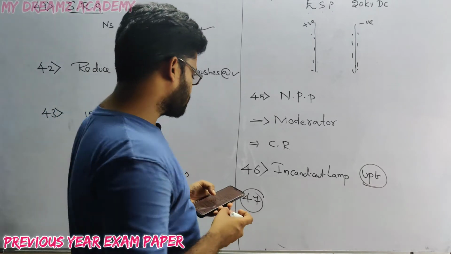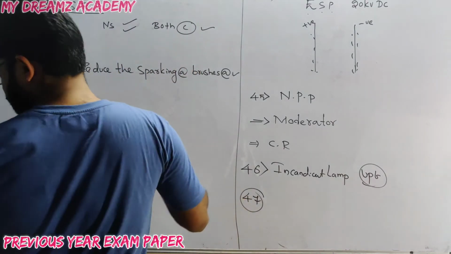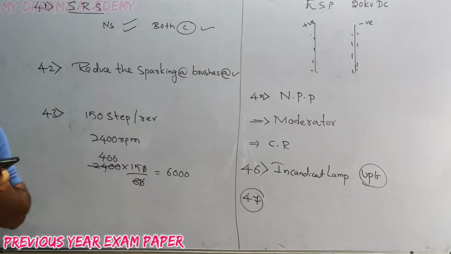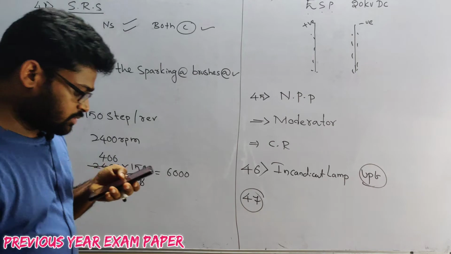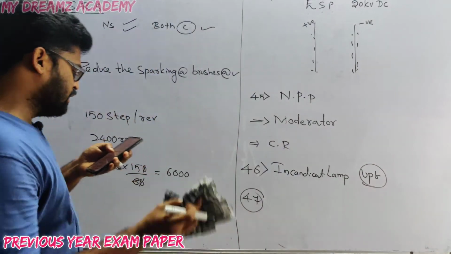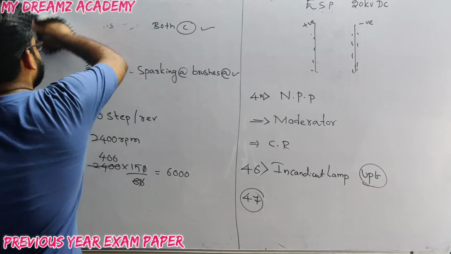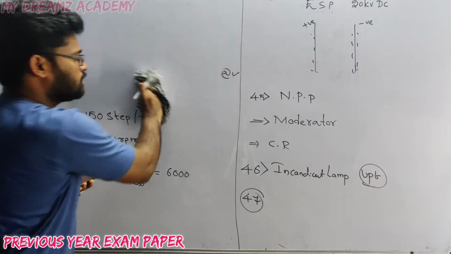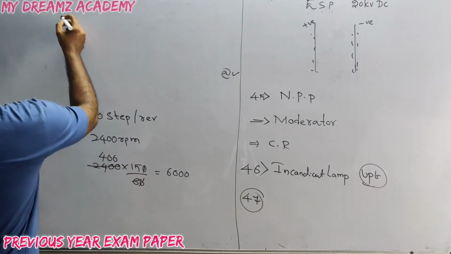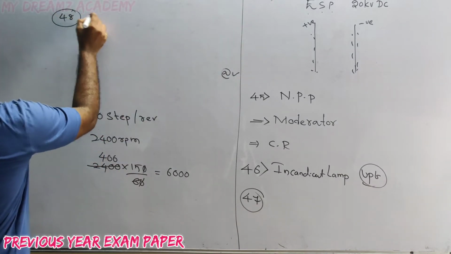Cochin Airport, right? Next, question number 48: coefficient of performance of a Chauvenier's type windmill. So the coefficient for the windmill is low. Question 48, it is C.